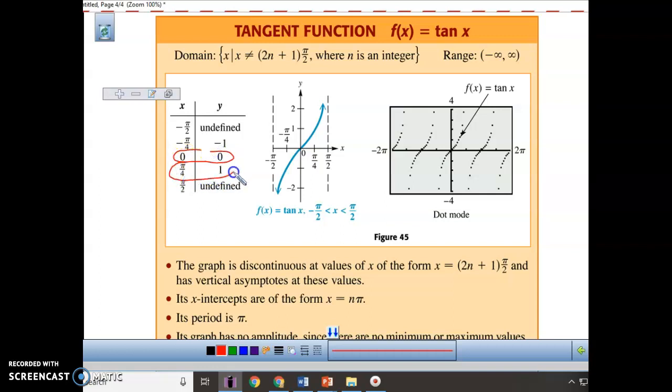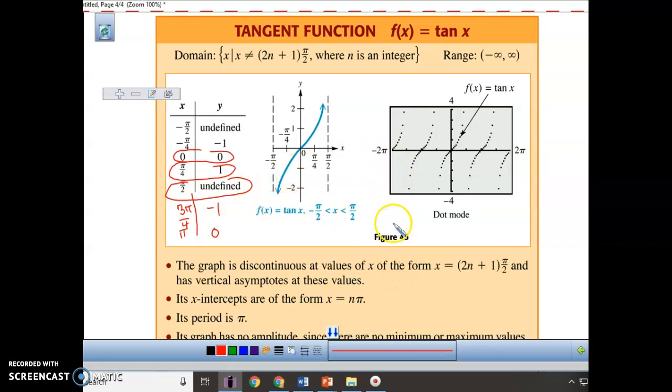We're going to include pi over 4 in there as well, and 3 pi over 4. The tangent of 3 pi over 4 is negative 1, and then we'll also include pi in there. And the tangent of pi is going to be 0. And so these are going to be our points that we're going to use for tangent.